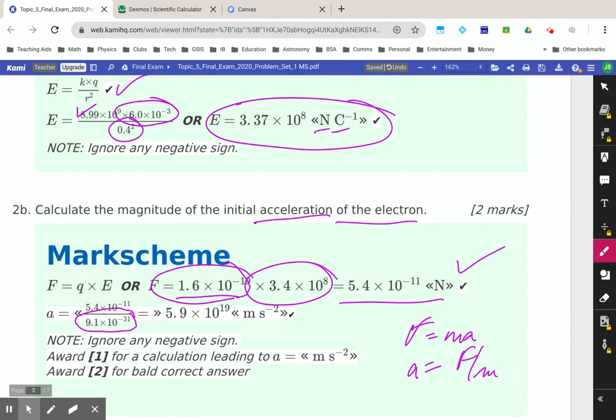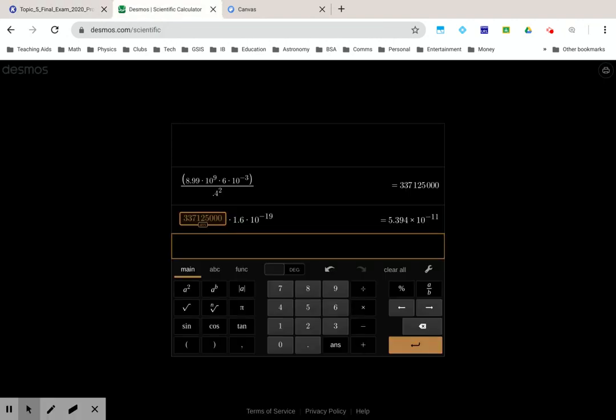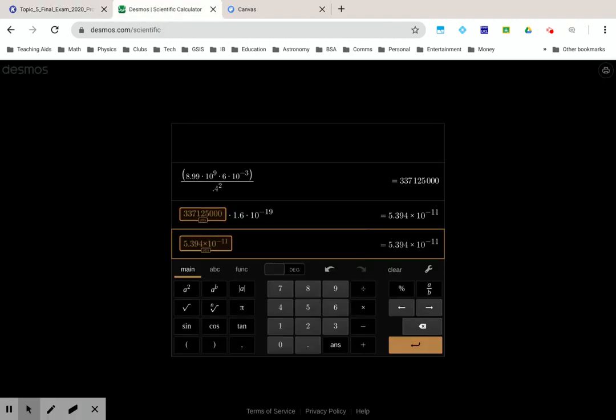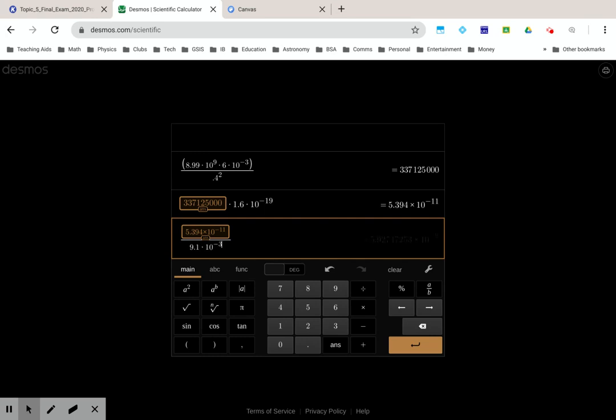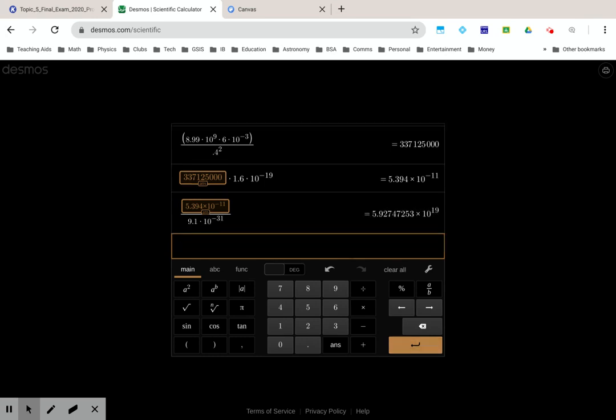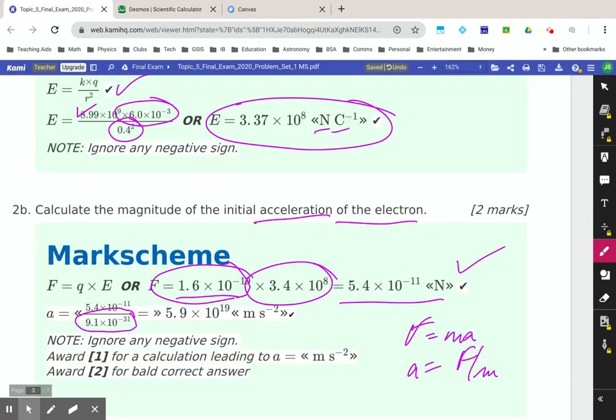So we take our answer and divide it by 9.1 times 10 to the negative 31st. And what we get here is 5.9 times 10 to the 19th.